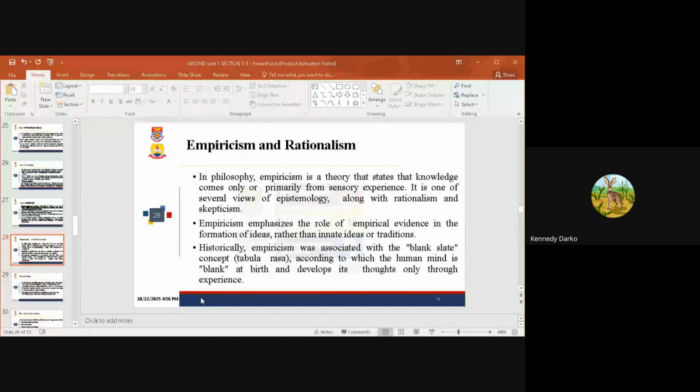The sensory experiences. So they are saying that for you to get knowledge, you get it through the experiences you have gone through. This is also based on epistemology, along with rationalism and skepticism.